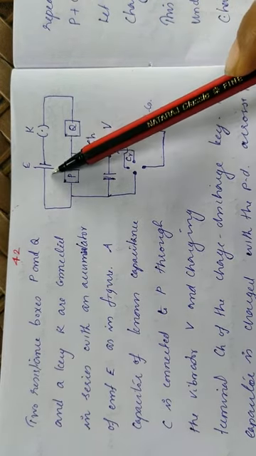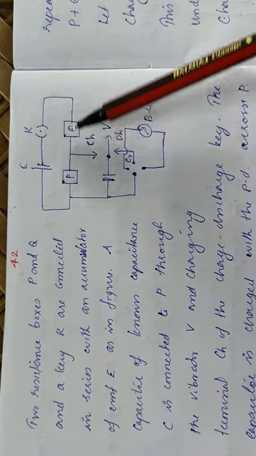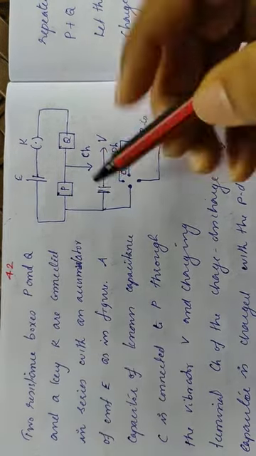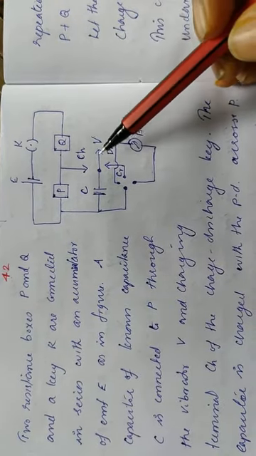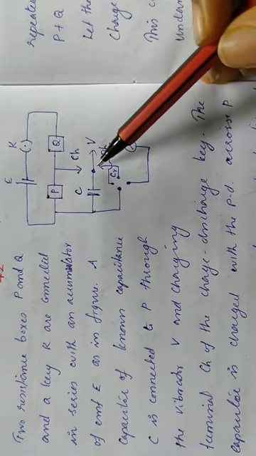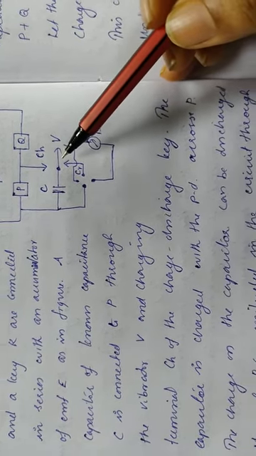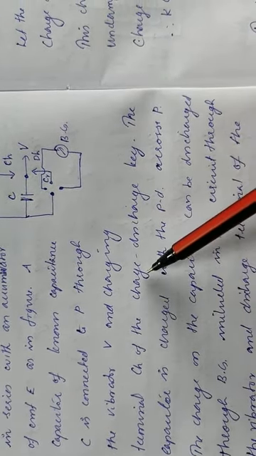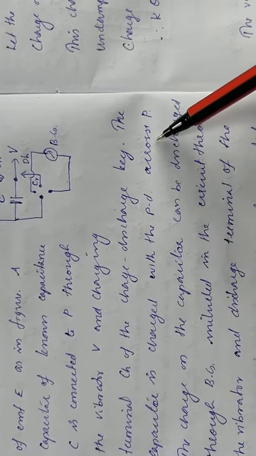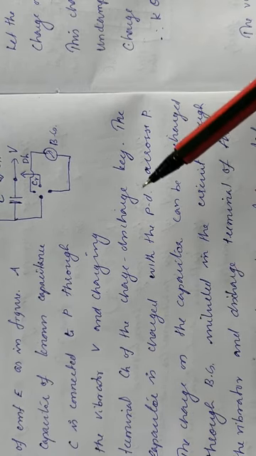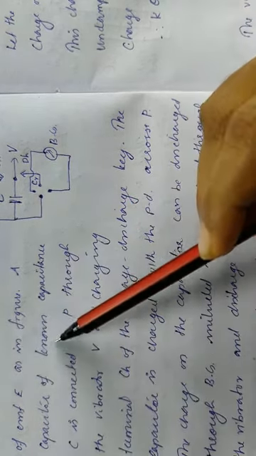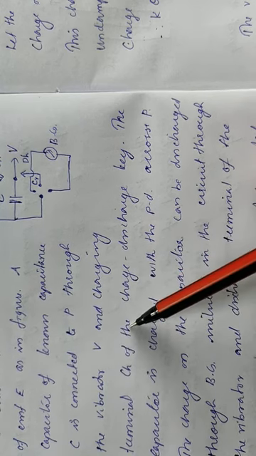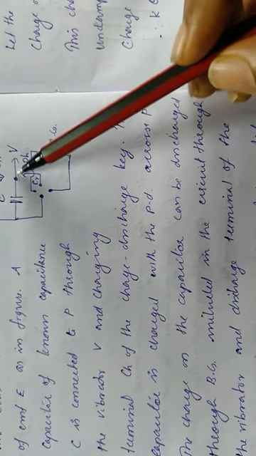Similar to the previous figure, this is a cell, this is the key, and P and Q are two resistance boxes, and here is a capacitor, and here is a charge discharge key connected through a vibrator V. The terminal of the capacitor is connected across the potential difference across P. A capacitor of known capacitance is connected to P through the vibrator V and a charging terminal CH. This is the charging terminal, this is the discharging terminal, and this is the vibrator.